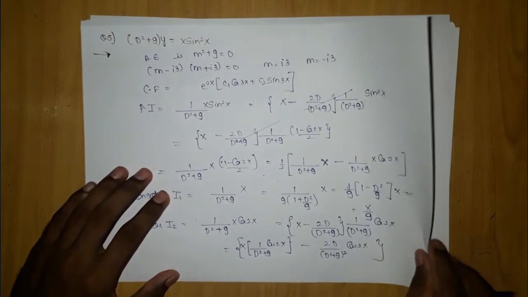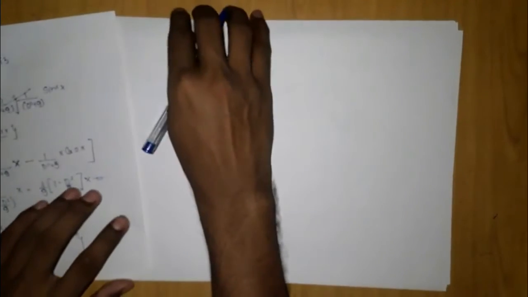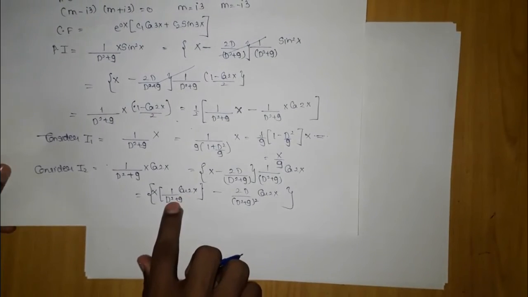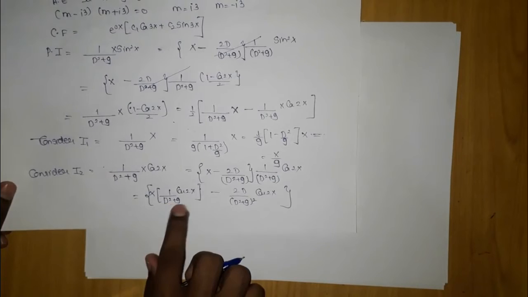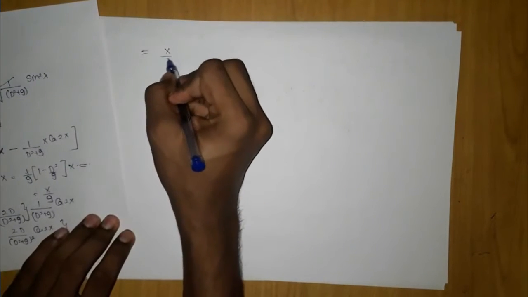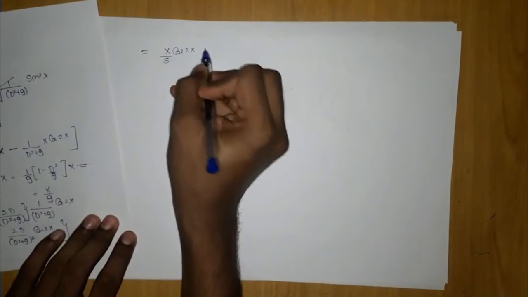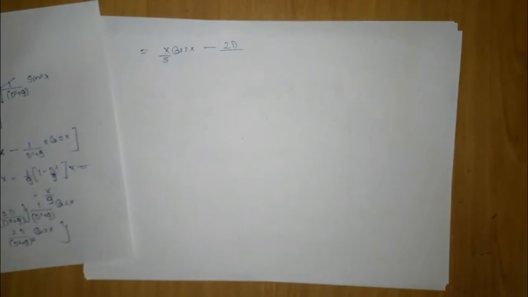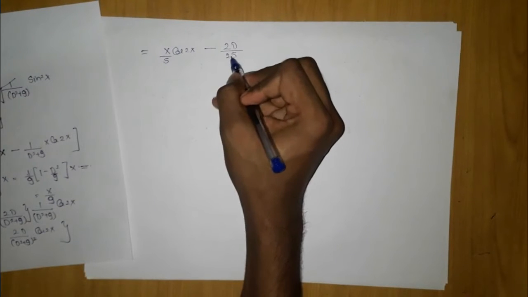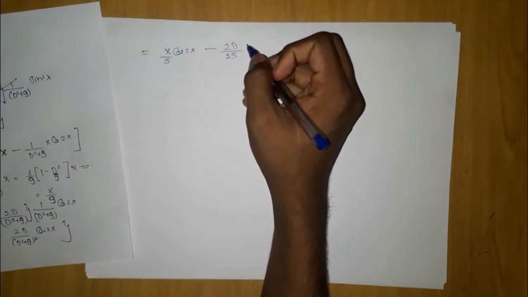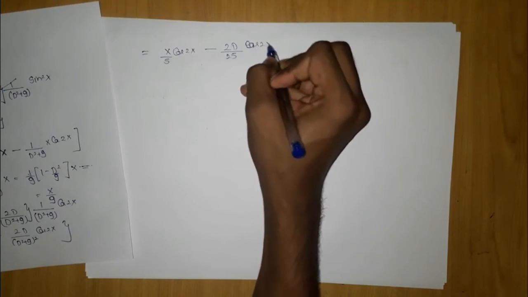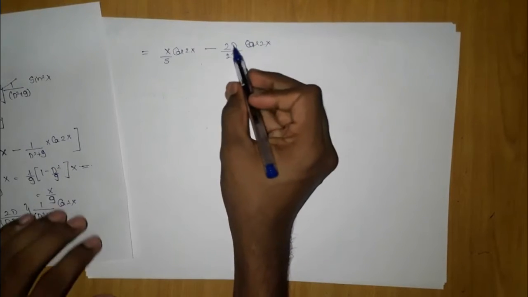Now let's move on to the next page. Here we will substitute D square as minus 2 square, which is nothing but minus 4, which will become 5. So here we got the answer x/5 cos 2x. Here, with 2D, if we substitute we will get 25 into 2D, into cos 2x, which we will differentiate because D is there.